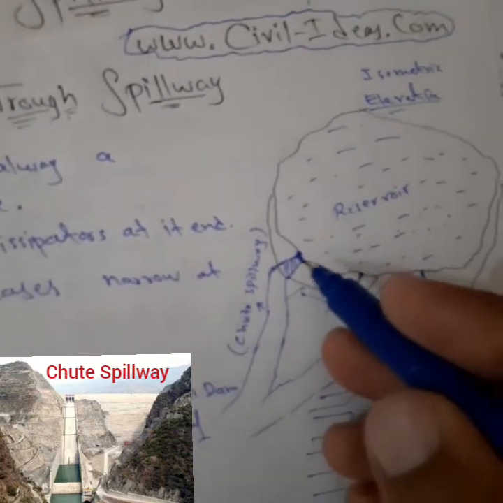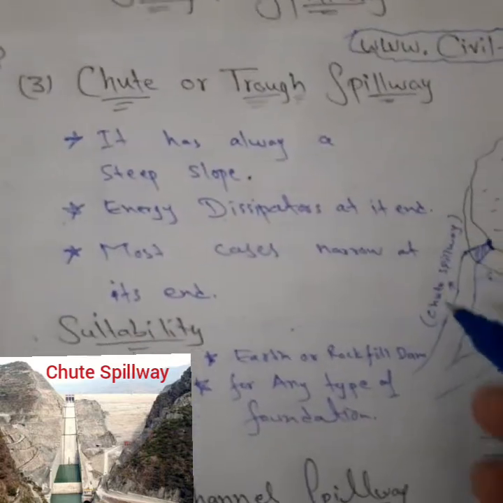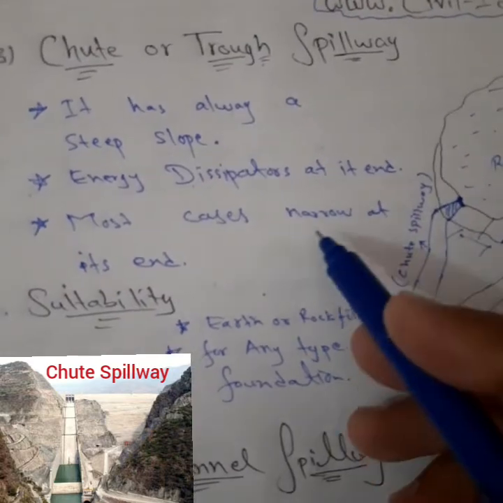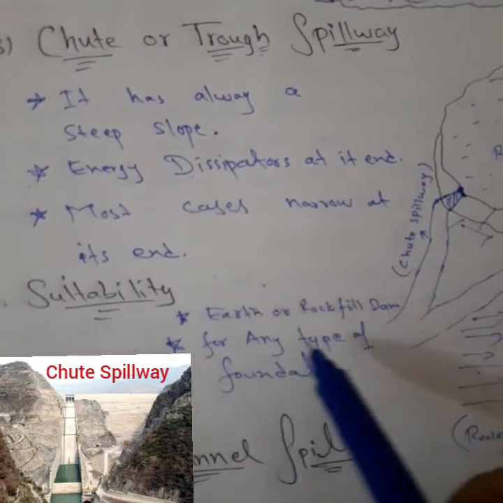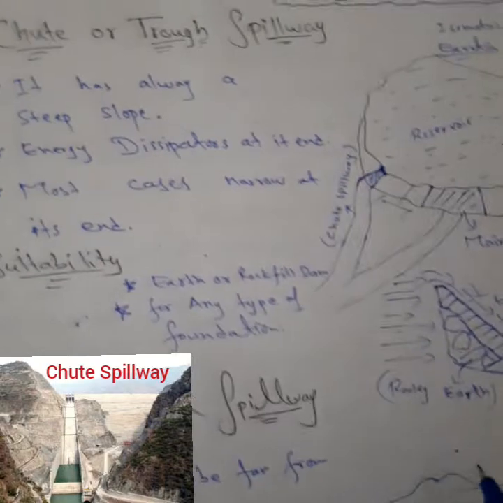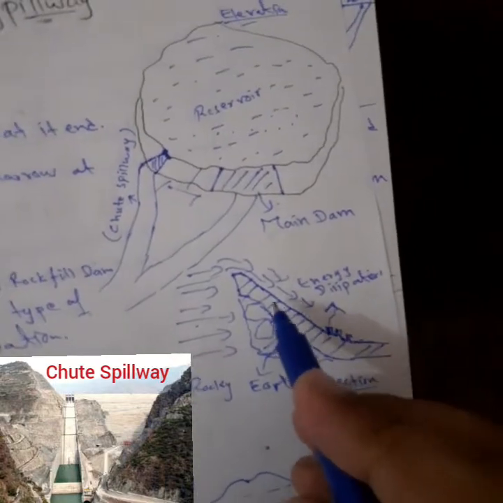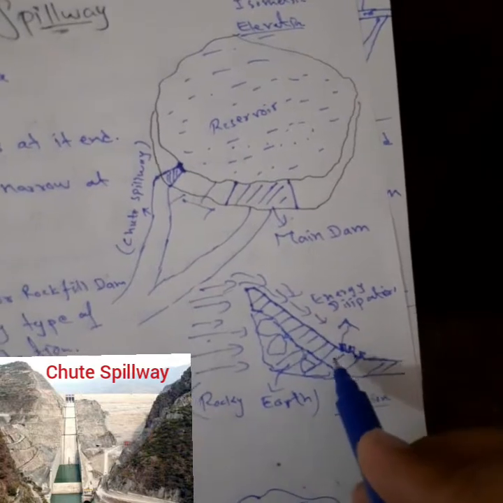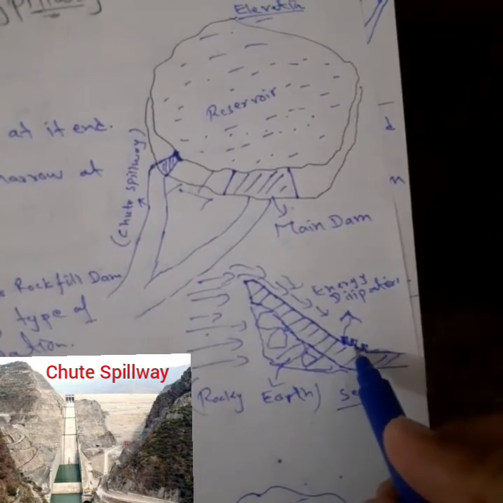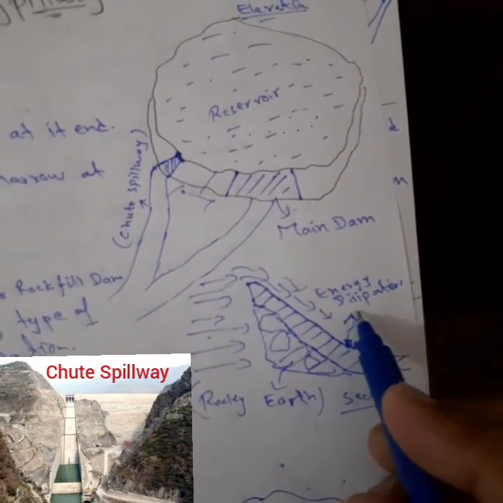So this is the side channel trough spillway. It always has a steep slope. You can see here it is straight like stairs. This is a very steep flow, and here we construct small energy dissipators.